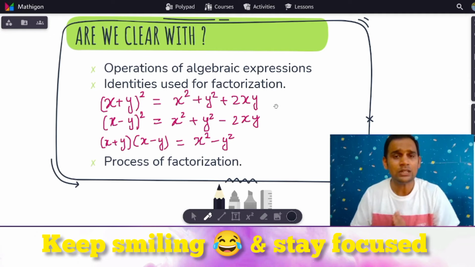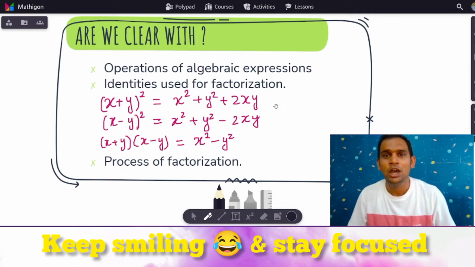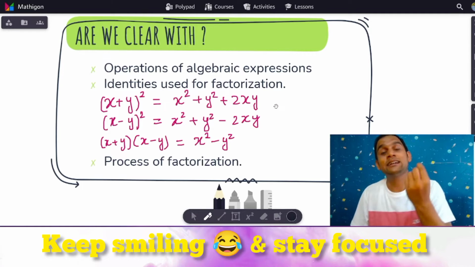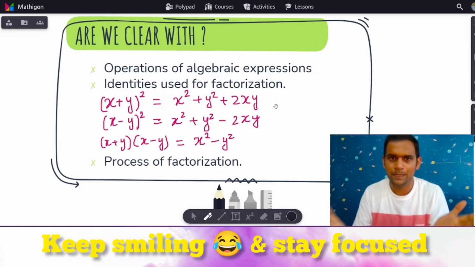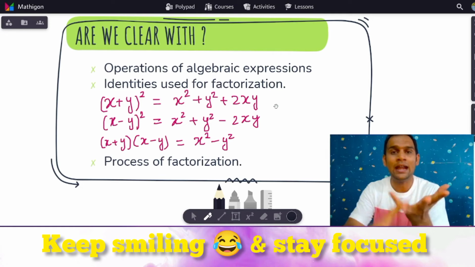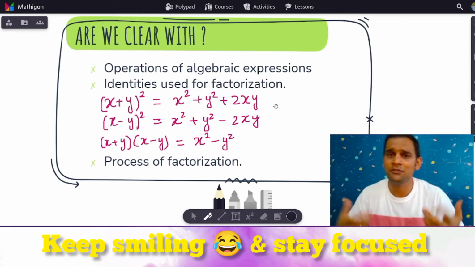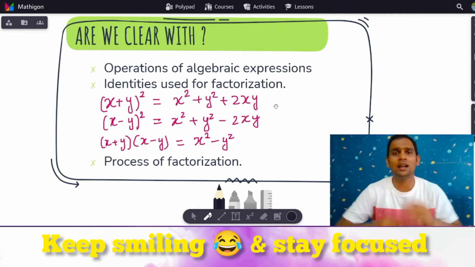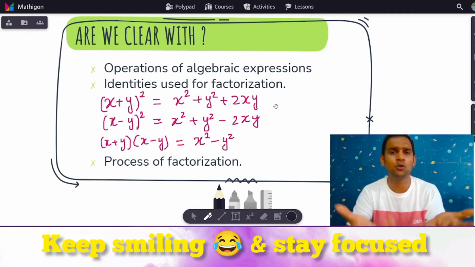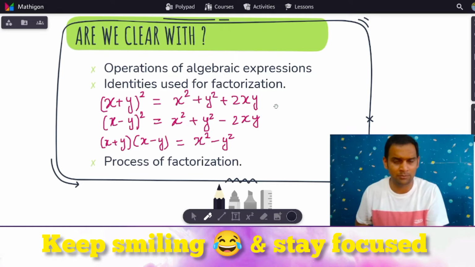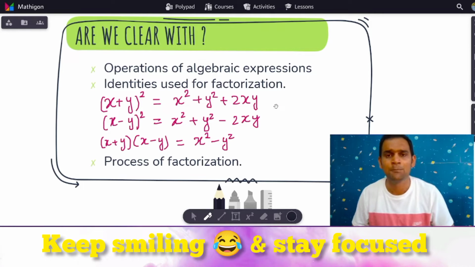Now, let me clarify the definition of algebraic expression first of all. So, what's an algebraic expression? It's a combination of variables and constants with the help of some mathematical operations. Variables are the numbers which are unknown, which we represent by alphabets. It can be x, y, z. Generally, we represent it by x, y, z, w.